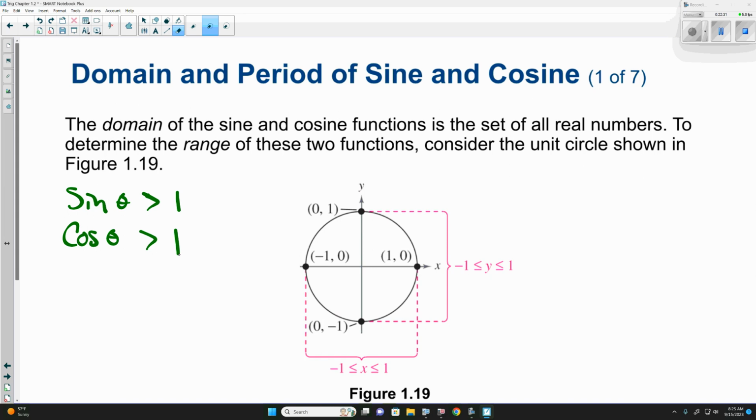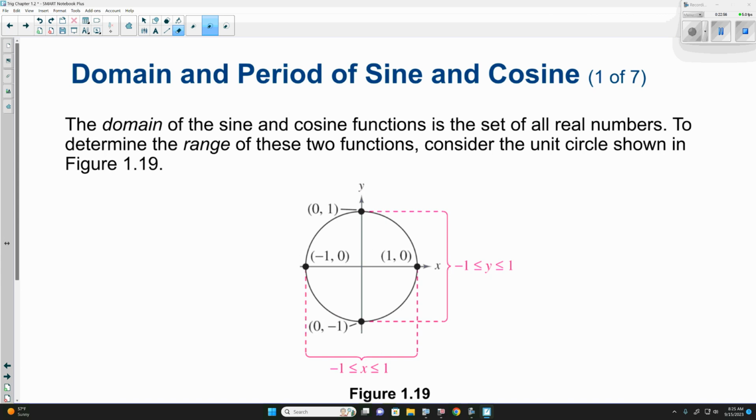Now, are there ways for it to be greater than that? Well, yes. 2 sine, then yes, it can be greater than 1. But if we're solving it, we have to divide by 2. The actual value of sine or cosine for this here doesn't work. We have to do transformations. We have to apply something to it for it to actually work. Does that make sense?